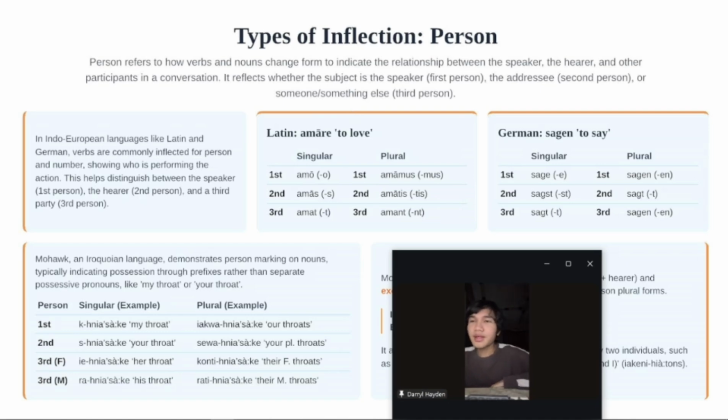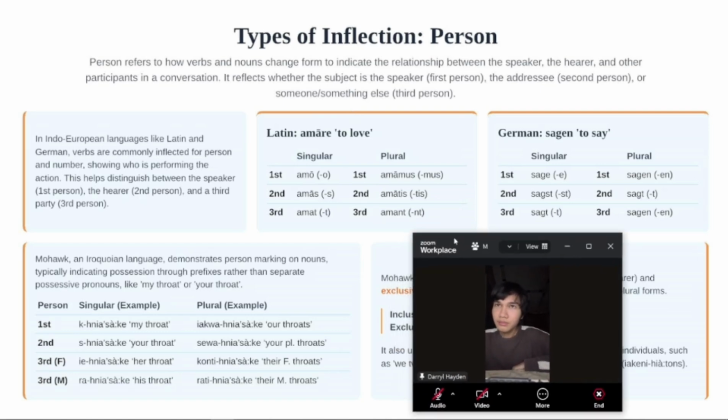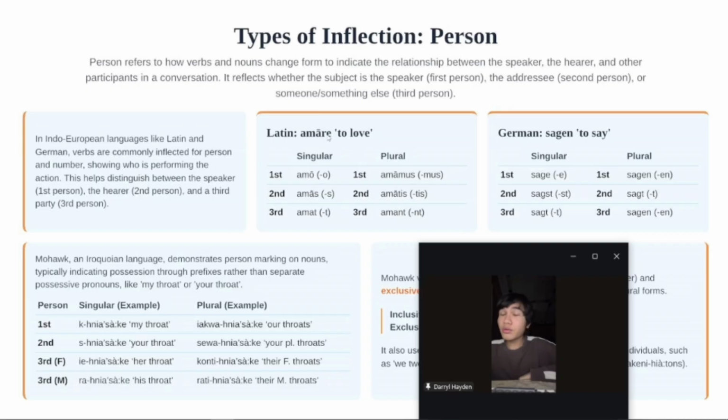For example, amare, which means to love, will change into amo if it's the first person, which is the speaker, and it will be amas if it's the hearer, and then it will be amat if it's the third person.